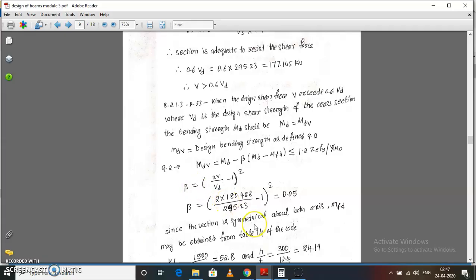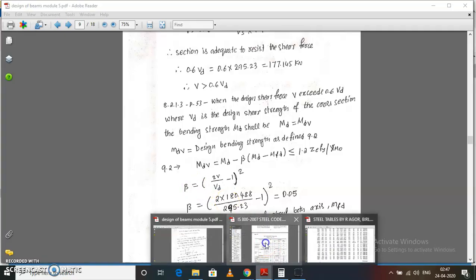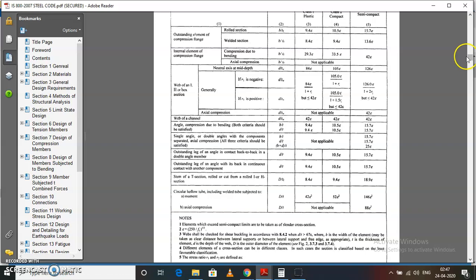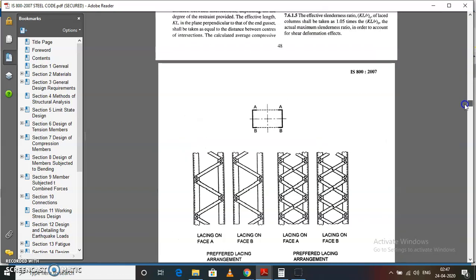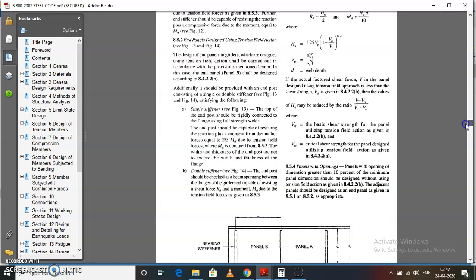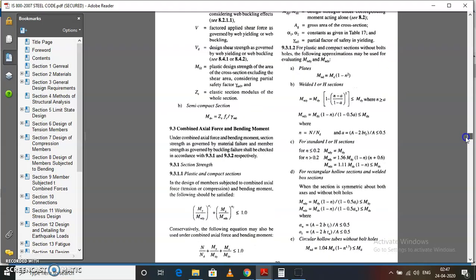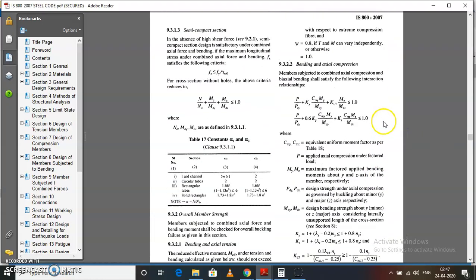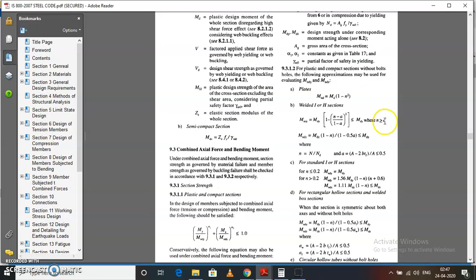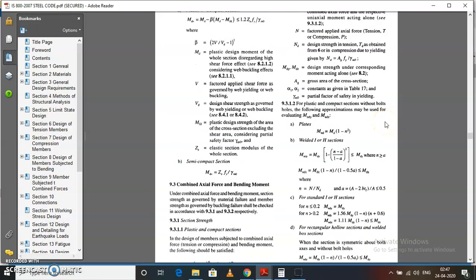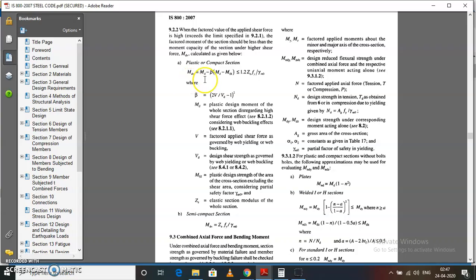So if you want, you can see 9.2. So MdV equal to MD minus beta into MD minus MFD, which should be less than or equal to 1.2 times ZD into Fy by gamma m naught, and beta equal to 2V by VD minus 1 whole square.